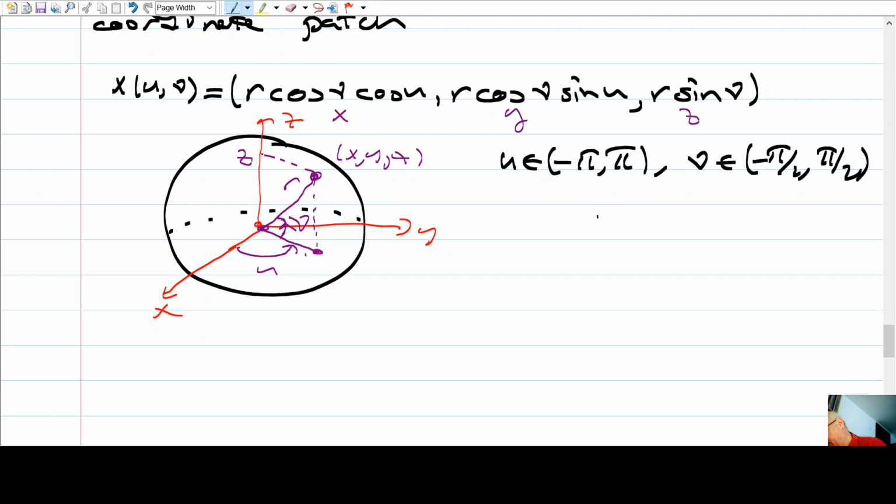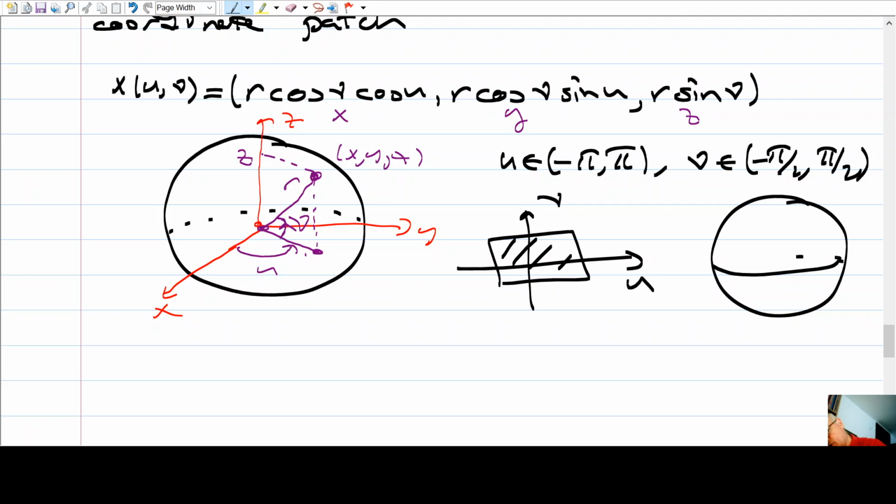Okay, so if you have, for example, a coordinate patch in the u nu plane like this, then on the sphere, this corresponds to something like this.